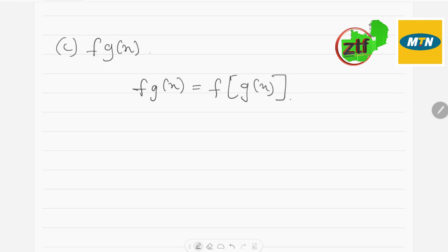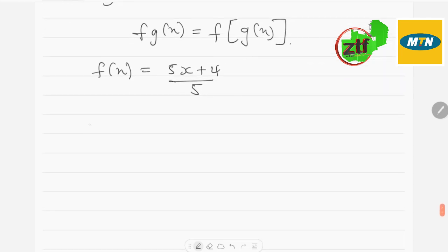So since we have our function f of x, our function f of x is equal to 5x plus 4 over 5. Now, if you have f of g of x, we also know that g of x is the function x minus 1. So it means that in this case, the function g of x is acting as an object.